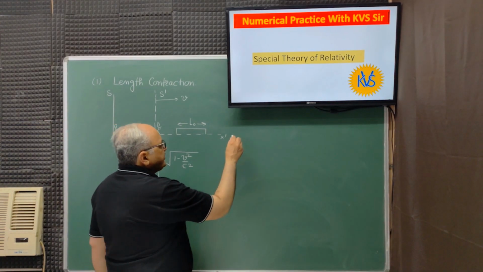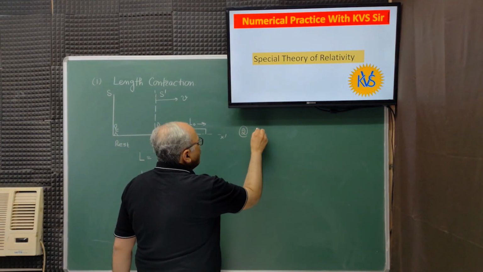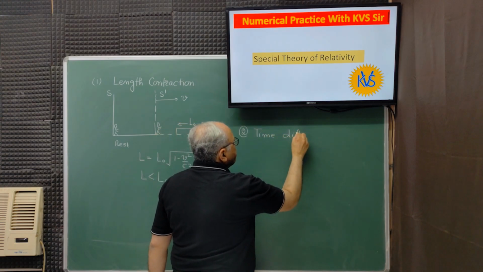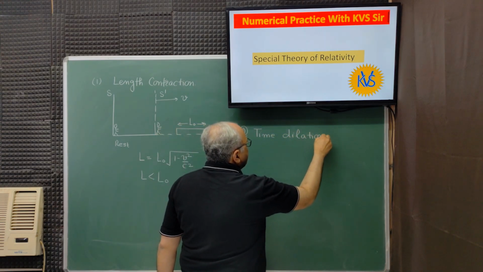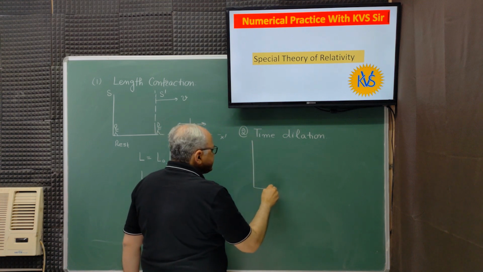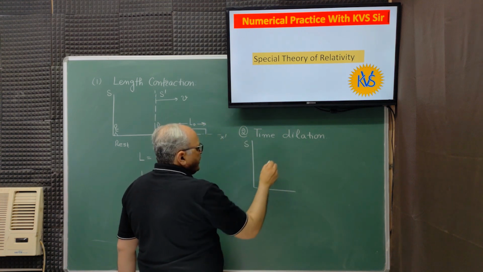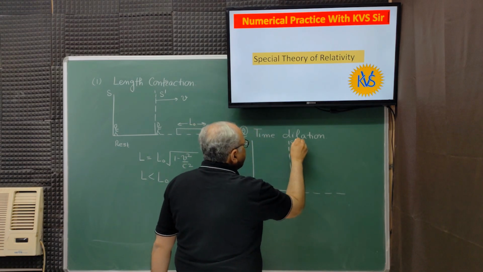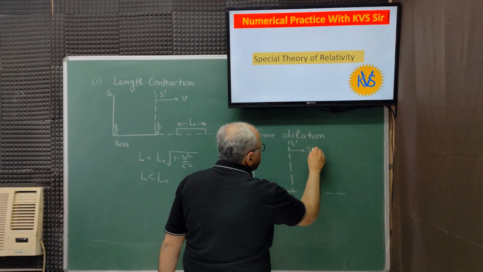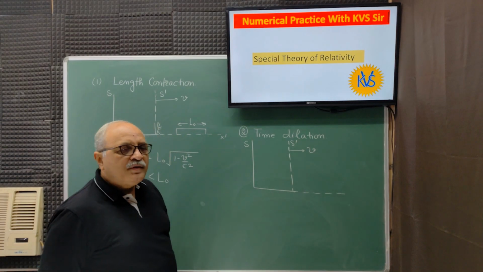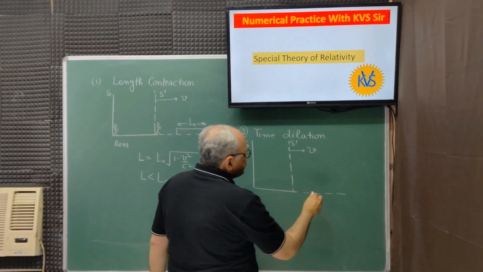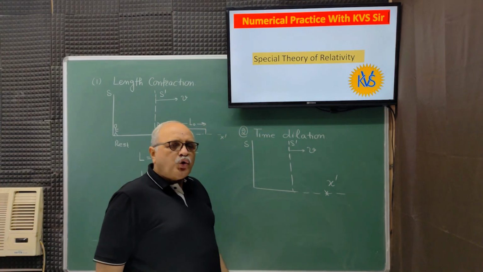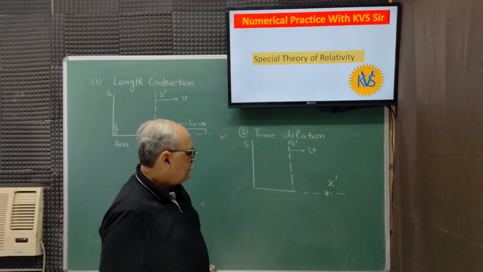There is another effect which is called time dilation. Once again we have this frame S in rest position and this frame S dash is moving with the velocity v. Now suppose there is a position x dash where two events occur.